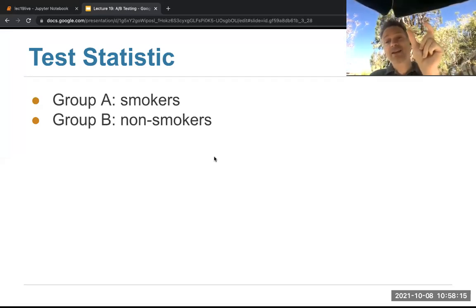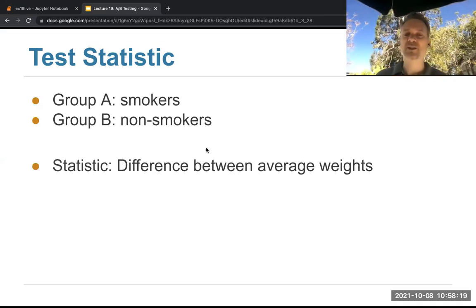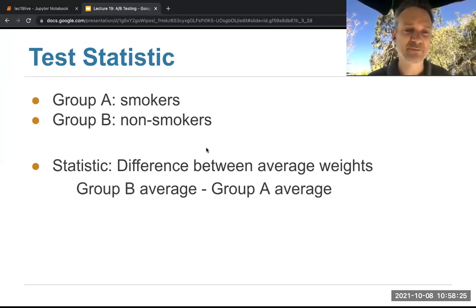A way to get that is to look at the difference between those two averages. So that's what we're going to use as our test statistic. We compute the average weight in each of the two groups, and then look at the non-smoker average minus the smoker average.